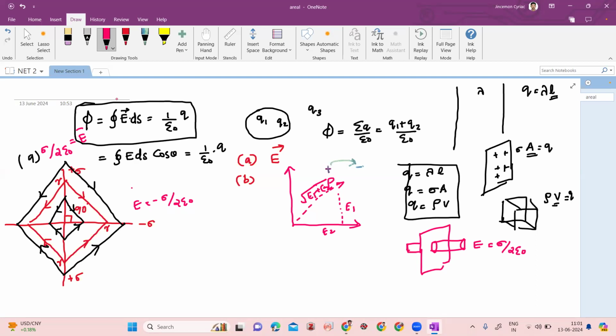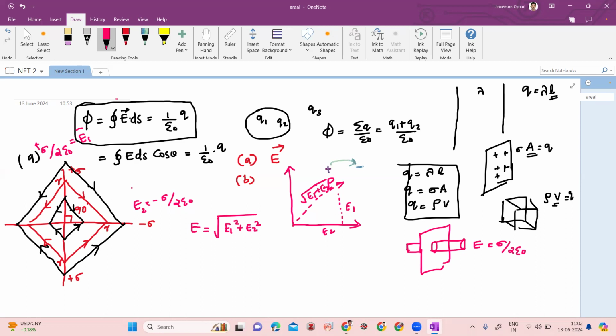So we can find it. Let E1 be due to plus sigma and E2 due to minus sigma, which are perpendicularly arranged. Then the total electric field is equal to the square root of E1 square plus E2 square.